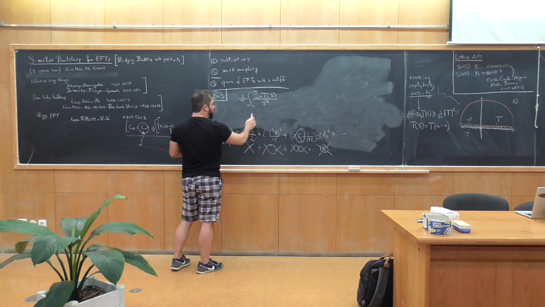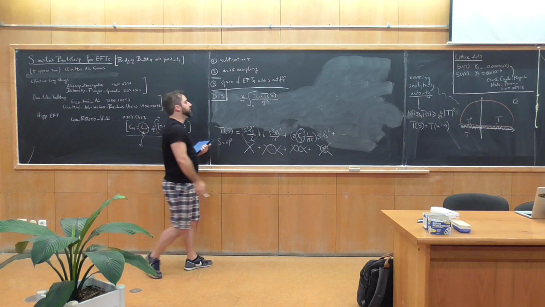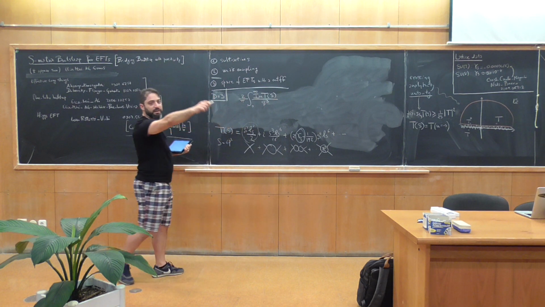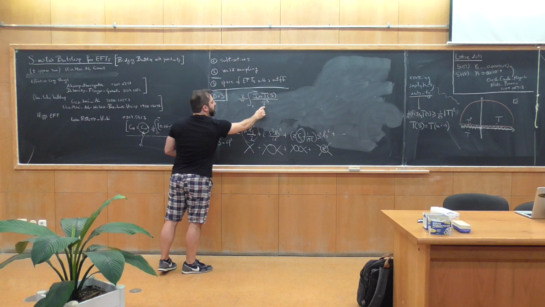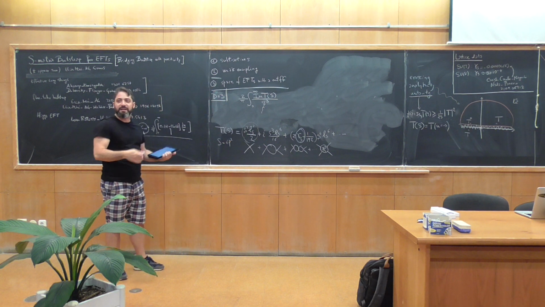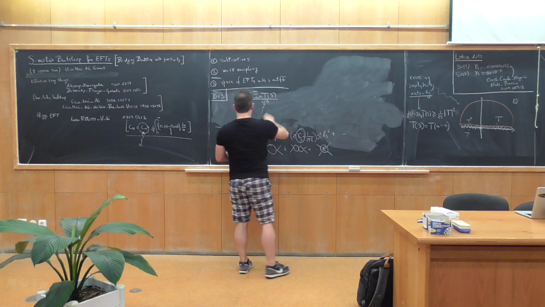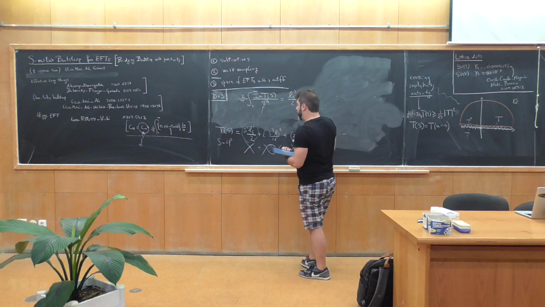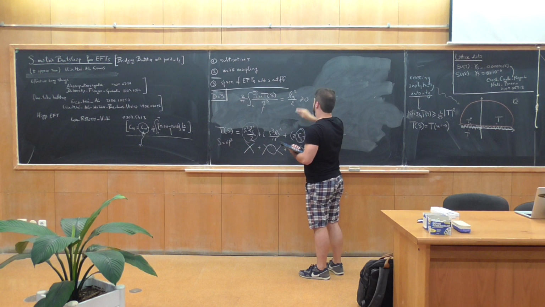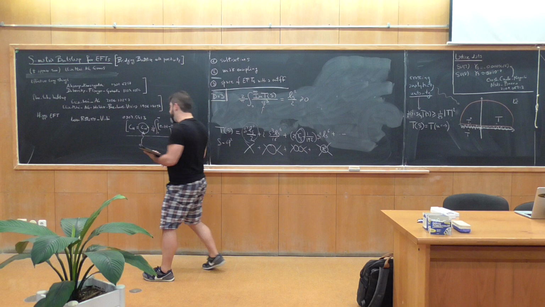Because 1 over s cubed is because we want to extract the second derivative at threshold, and the imaginary part because we are integrating along the cut, and we can neglect the contour at infinity because there is a 1 over s cubed here, so it decays fast enough. So this can extract the second derivative. It will tell this term, and this is positive. So this g2 squared is positive.